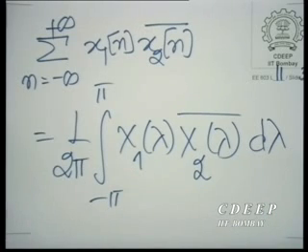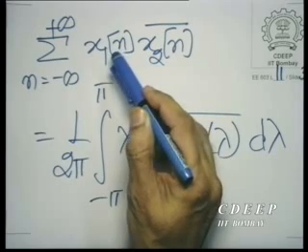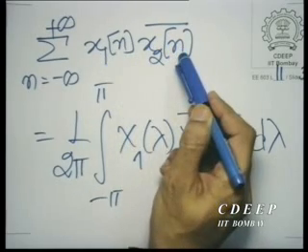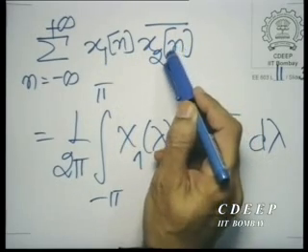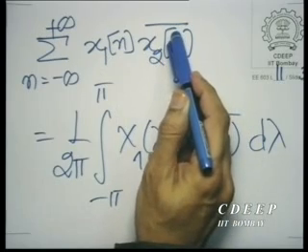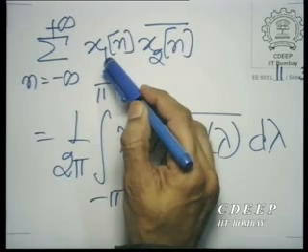Now notice the similarity in these two sides, the left hand and the right hand side. Similarity in spirit, if not exactly in expression. What do I mean by the similarity in spirit? Look at the left hand side. On the left hand side we are saying multiply corresponding samples, but of course the second one is complex conjugated, and add over all such samples.